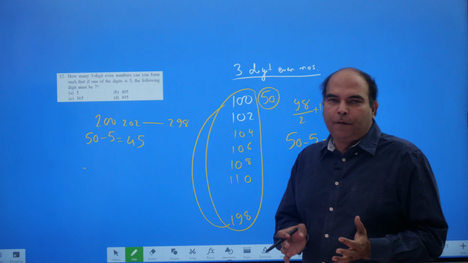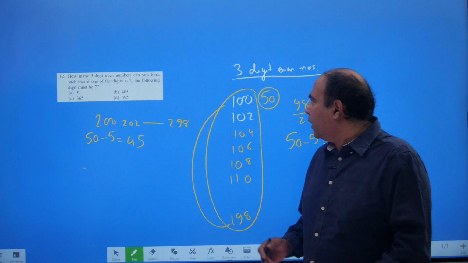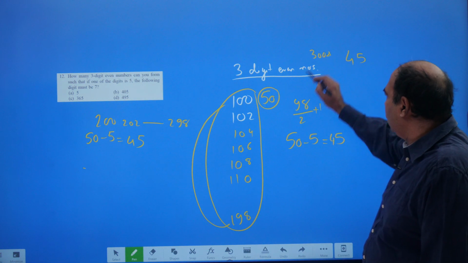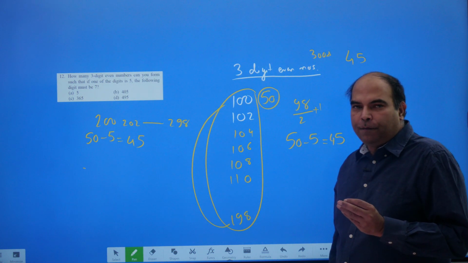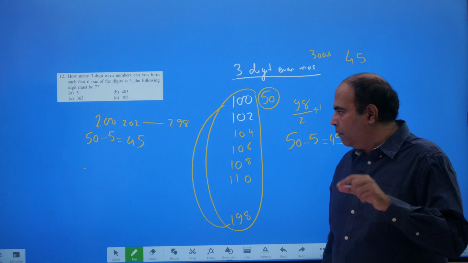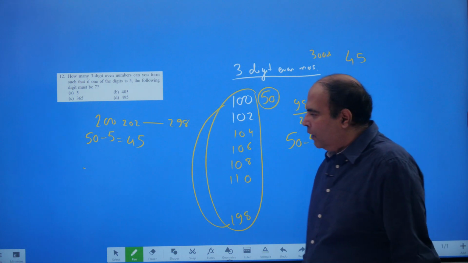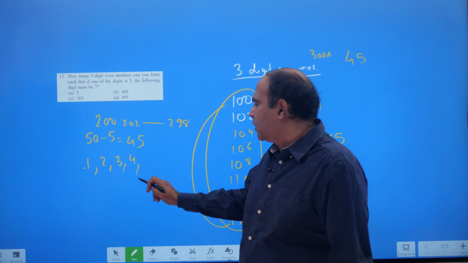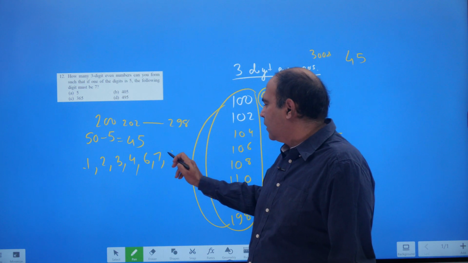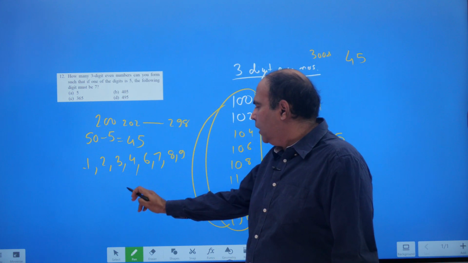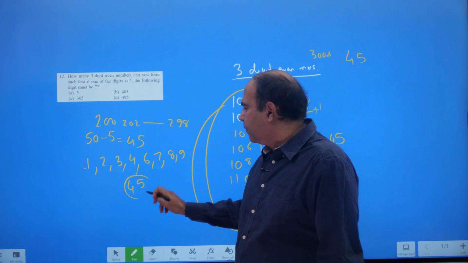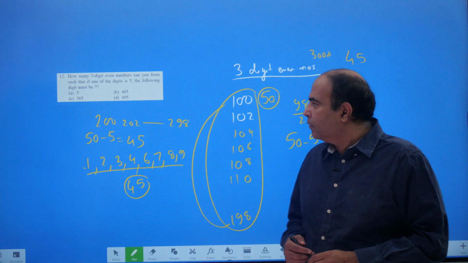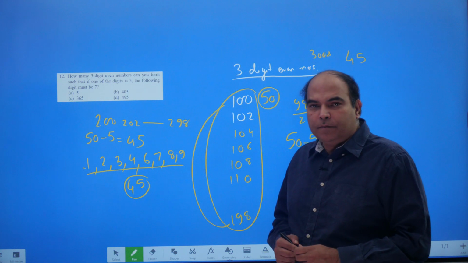So the hundreds have 45, the 200s have 45, the 300s will also have 45, the 400s will have 45, and the 500s will have only 5. We'll come back to the 500s. But the 100s, 200s, 300s, 400s, 600s, 700s, 800s and 900s each have 45 numbers, and since there are 8 of them, 45 into 8 gives me 360.